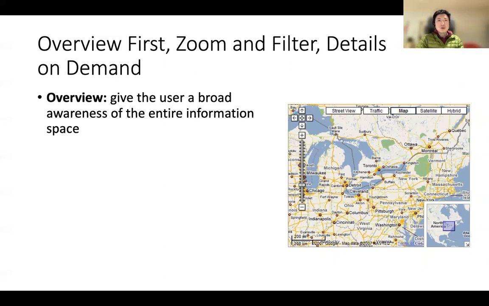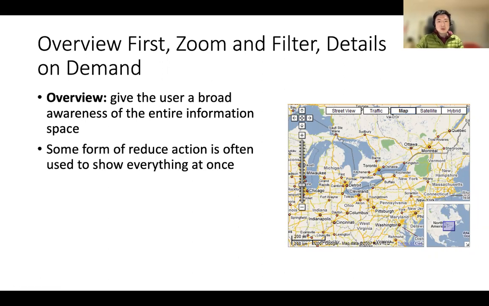So when you have lots of data, you want to give users an overview, so they know where they are looking in terms of the entire data set. Let's use this Google map as an example. This gives you the overview of the entire map, and it shows, okay, this is the part of the map you're currently looking at, which is shown here.